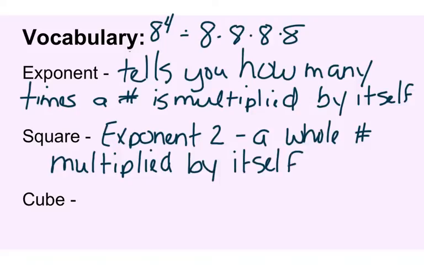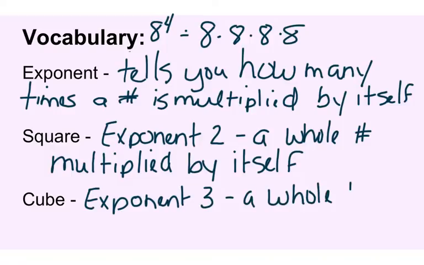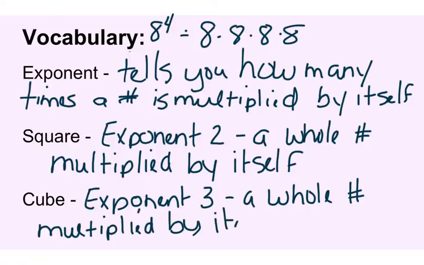A cube is the exponent 3, and it's a whole number multiplied by itself three times. You're going to need these throughout the video, so make sure that you write down the definitions for this, and also they'll be on your word search.